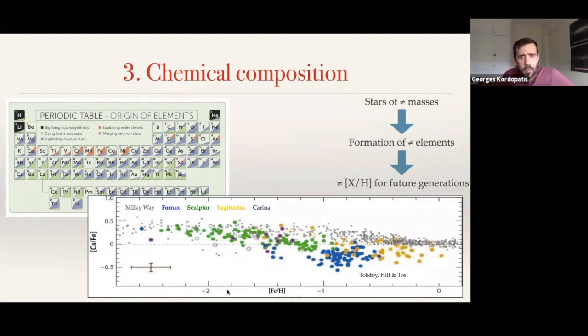So here I need to tell you that this scale is logarithmic and relative to the sun. So basically, a star that has an abundance of 0 has the same abundance as the sun. And because it's logarithmic, a star that has an iron abundance of -1 has 10 times less iron than the sun. An abundance of -2 has 100 times less iron than the sun.